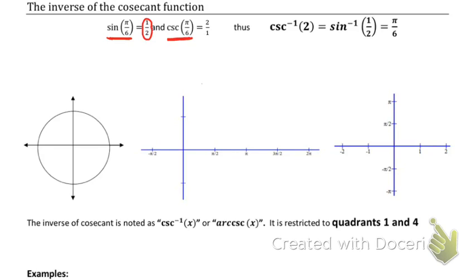You're going to see what that value equals, then take the reciprocal, and that's going to give you your cosecant value. So the cosecant of pi over 6 equals the reciprocal of sine of pi over 6. Where sine of pi over 6 gives 1/2, cosecant of pi over 6 gives 2 over 1, which led us to an equation that looks something like this.